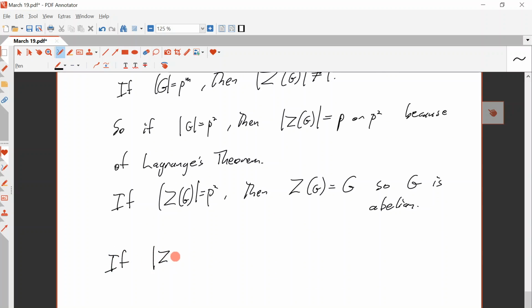If the order of Z(G) is p, then G mod Z(G) has order the order of G over the order of Z, which is p. But the only groups of order p, a prime, are cyclic.